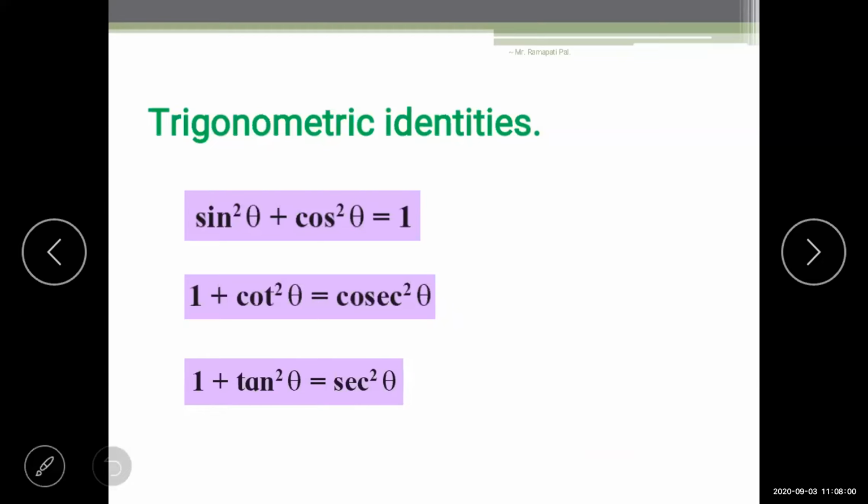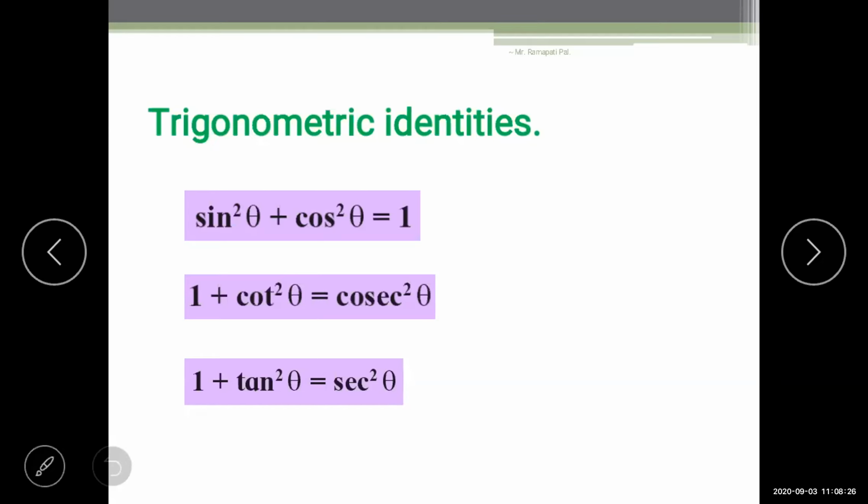Again I am repeating, sec square theta minus tan square theta is equal to 1. Okay, or tan square theta is equal to sec square theta minus 1. Is it clear?